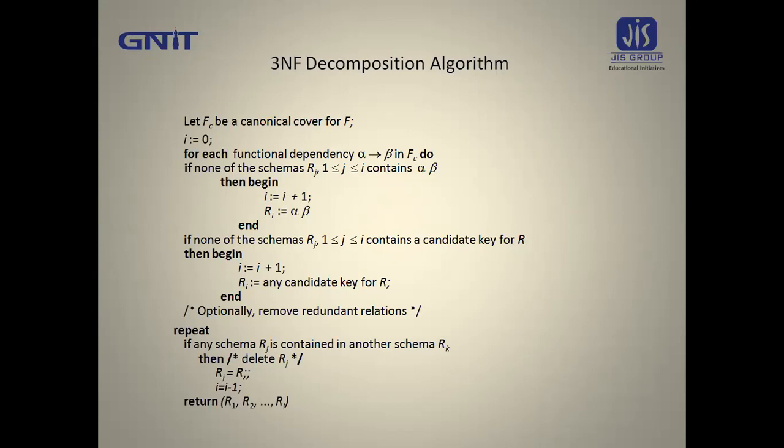If none of the schemas Rj contains a candidate key for R, then we begin by i equals i plus 1, incrementing, and then Ri equals any candidate key for capital R. Now, if any schema Rj is contained in another schema Rk, then Rj equals R, i equals i minus 1, and we return R1, R2 up to Ri.